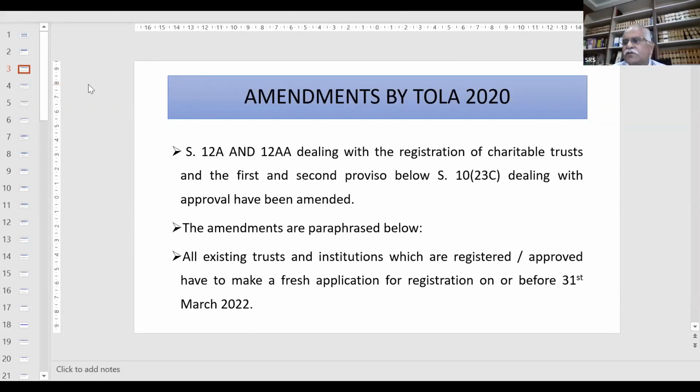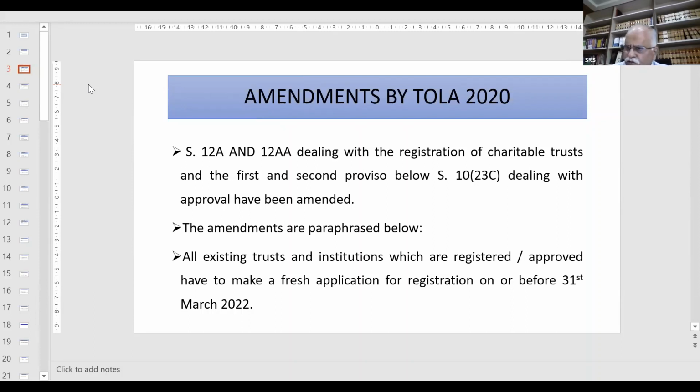So therefore, whatever discussions we are going to have will be applicable only to these institutions. The major amendments which have been made for the registration is that all existing trusts and institutions which are registered or approved should file a fresh application for registration, which was initially on or before 30th June 2021. Due to COVID, it has been extended over a period of time, and the last date for filing such an application by the existing registered trusts is 31st of March 2022.